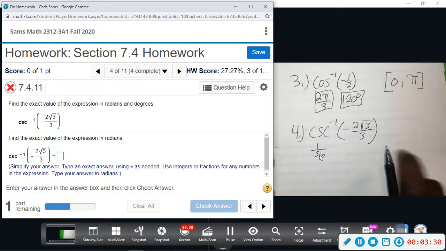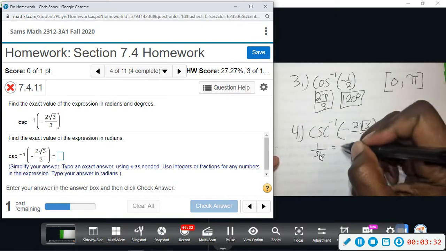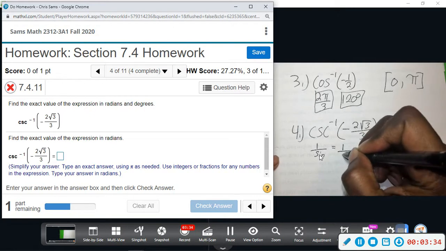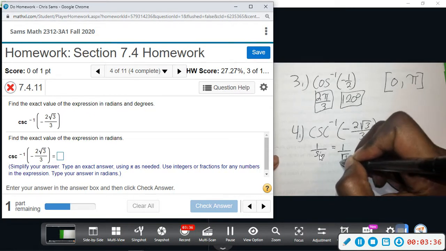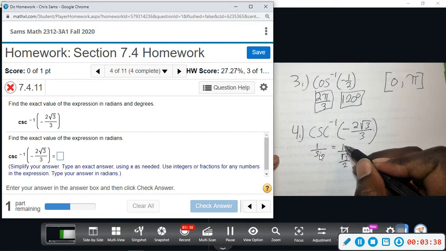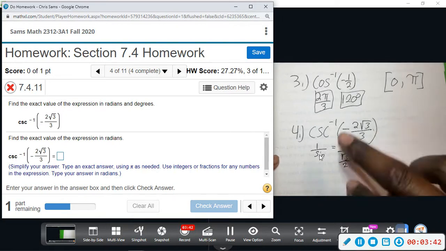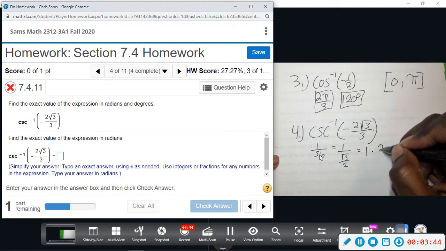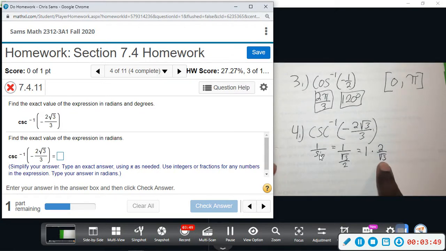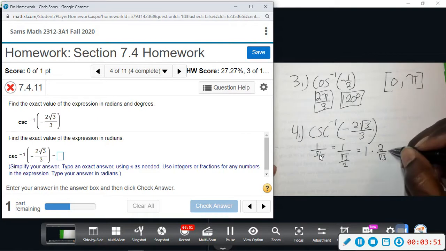So think about it like this. If I had 1 over the square root of 3 over 2, you would keep the top, change to multiplication and flip that. So it would be 2 divided by the square root of 3. And then when you rationalize the denominator, you would get 2 square root of 3 over 3.